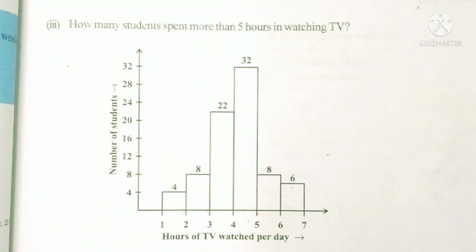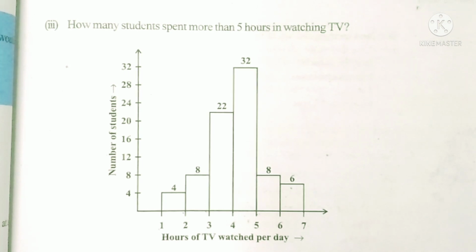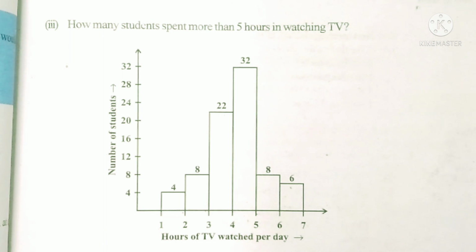Now question number 5 is the number of hours for which students of a particular class watched television during holidays is shown through the given graph. So the graph is here, you need to go through it. Okay, so what does the graph show?